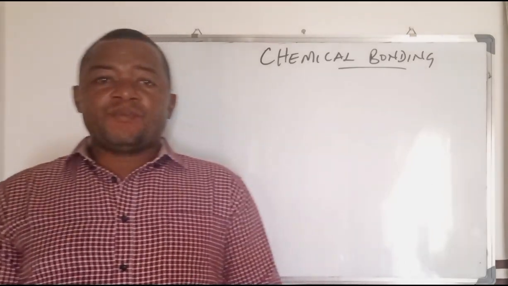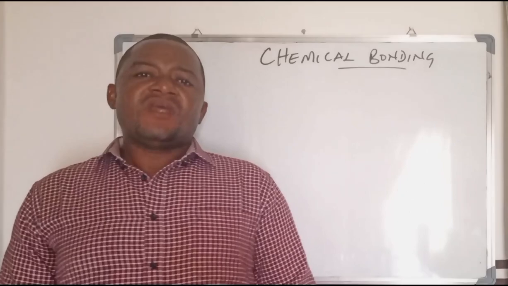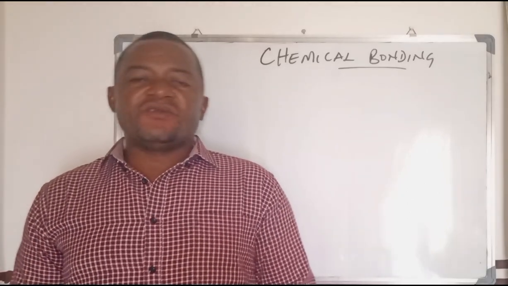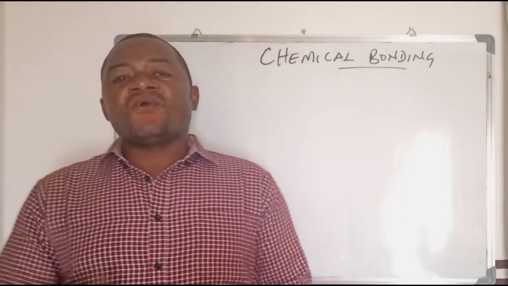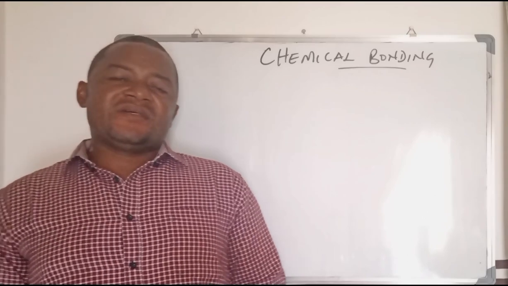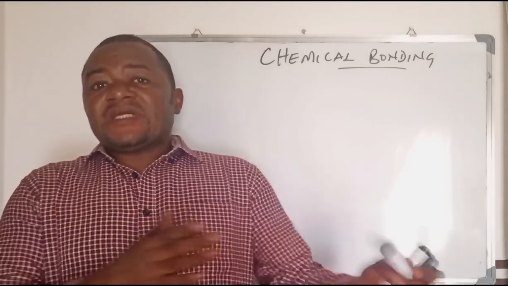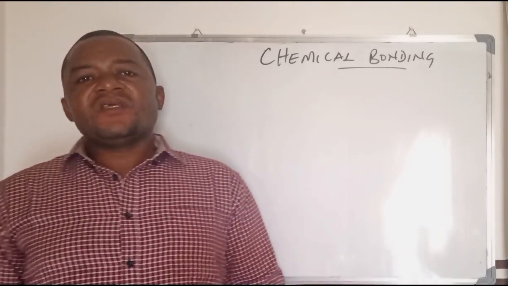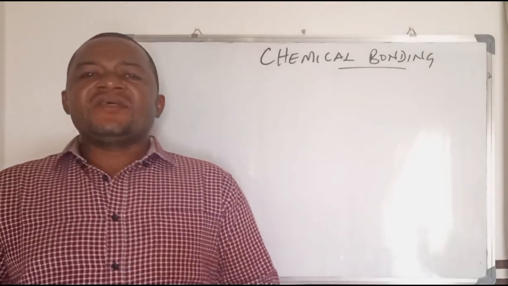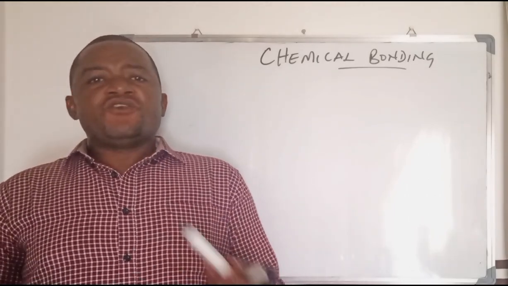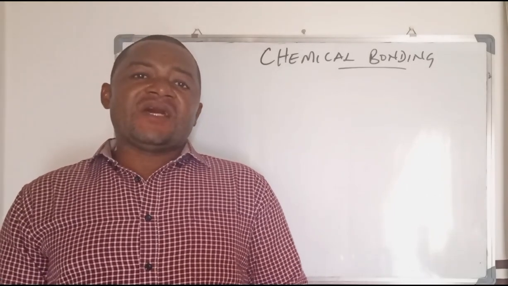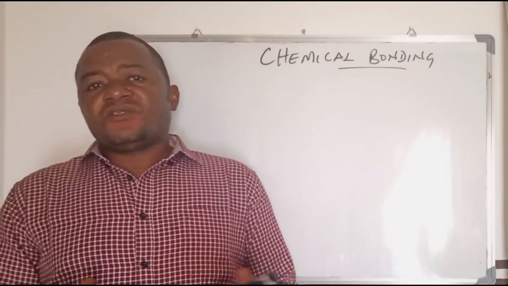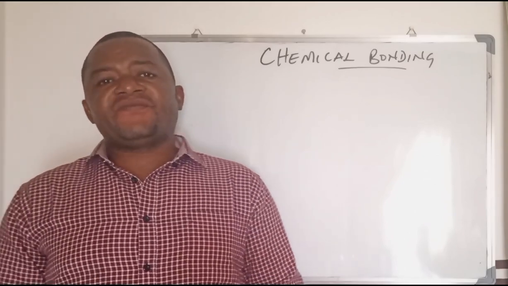Now, what is chemical bonding? Chemical bonding is all about the attraction of the atom of one type to the electrons of another type of atom. So usually you see that particular attraction, that particular bonding coming forward.